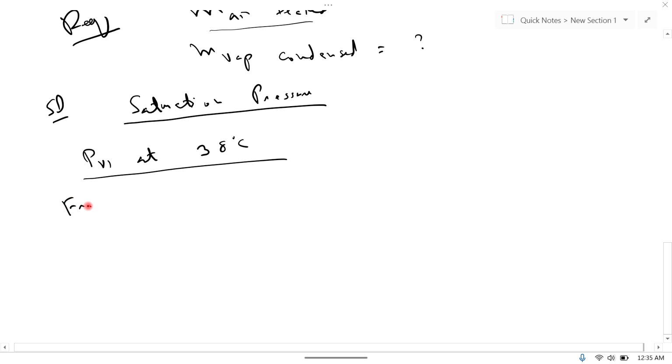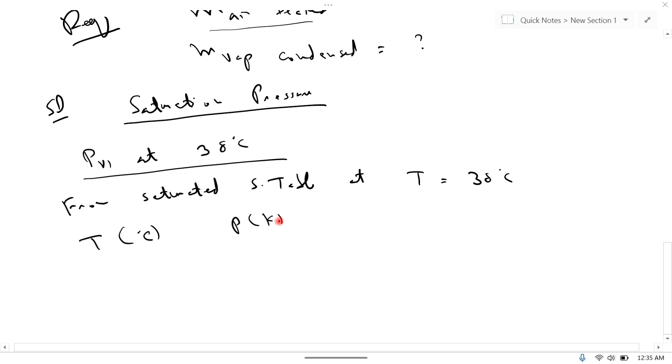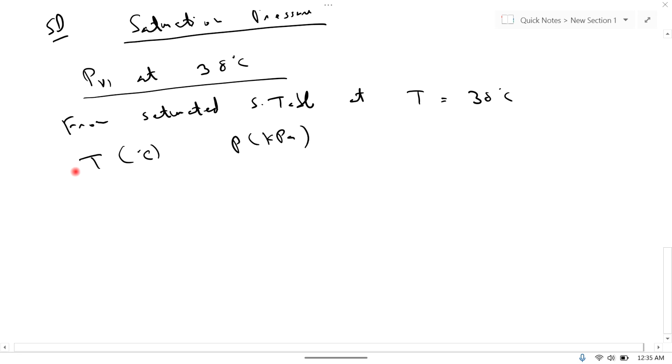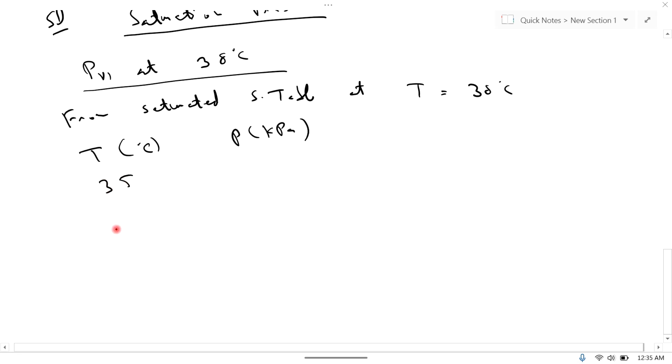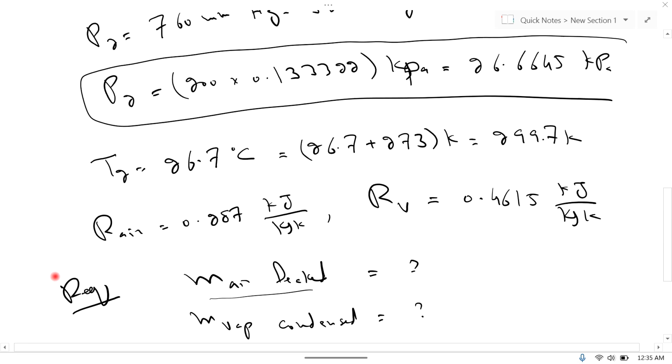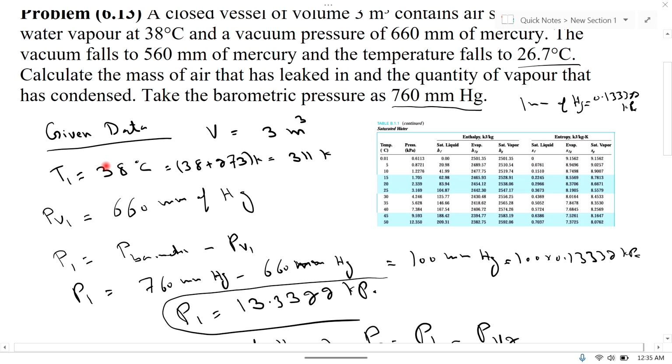So from the saturated steam table, at temperature equal to 38 degrees centigrade. Temperature 38 is not available in the saturated steam table, so we will interpolate. In the table 35 degrees centigrade and 40 degrees centigrade are available, and we have to find the saturation pressure at 38.